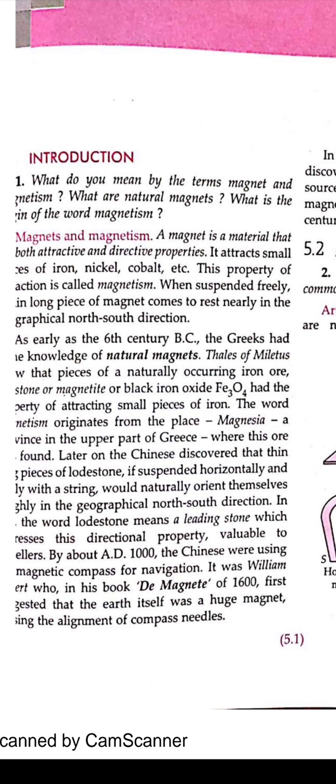What they did in China: when the king went for a war, he had a chariot in which he fixed a magnet, due to which it was always directed towards the south direction. So he named it the leading stone, that was named lodestone. So from China and Greece, all these ancient stories made it clear that the magnetic property and the magnet were known early, not only now, but from the 6th century onwards, that is from BC.